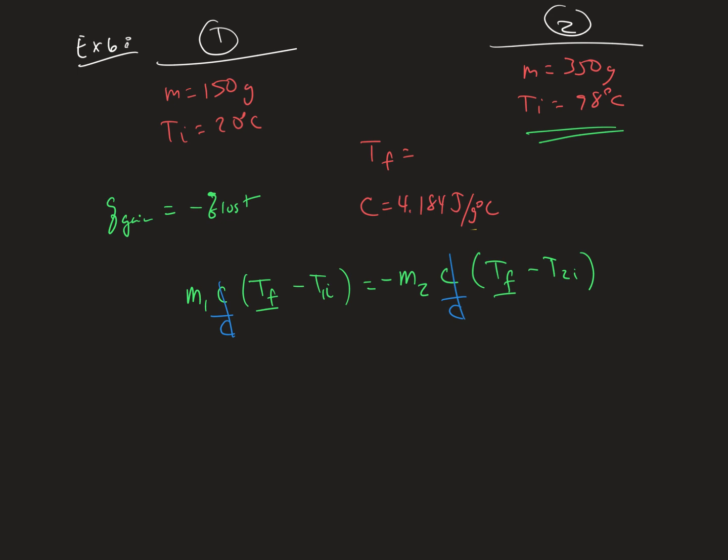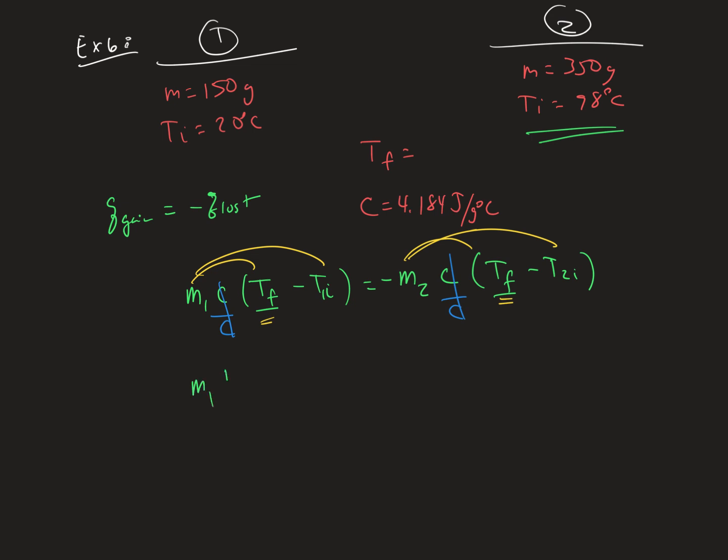All right, so we are looking for the final temperature. Let's combine these algebraically. We'll just distribute. Does that make sense to everybody? Put them all together so that we have terms.